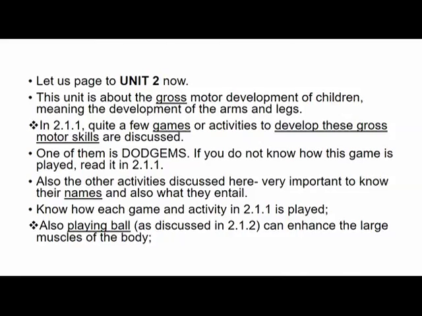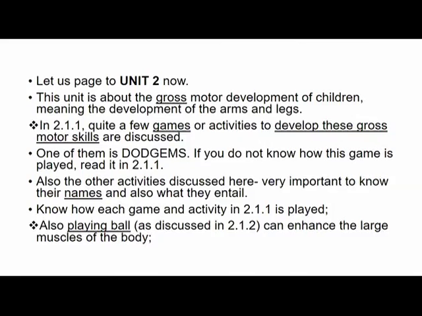Now let us turn to Unit 2. In Unit 2, it is about the gross motor development of children, meaning the development of the arms and legs. In 1.1, quite a few games or activities to develop these gross motor skills are discussed.